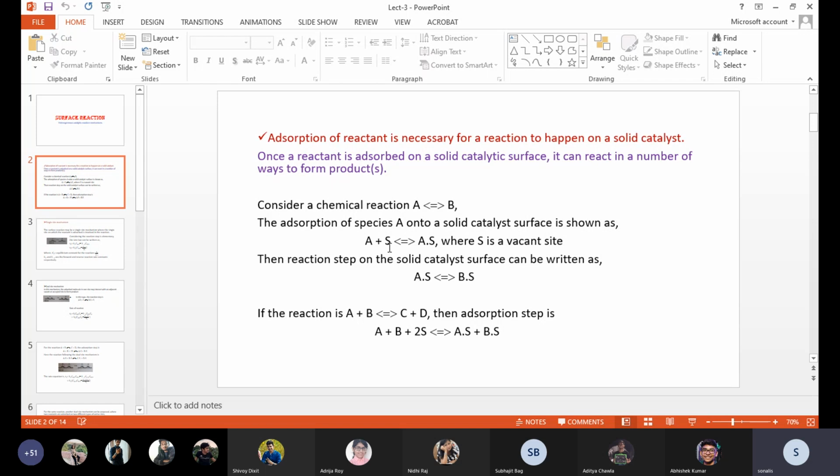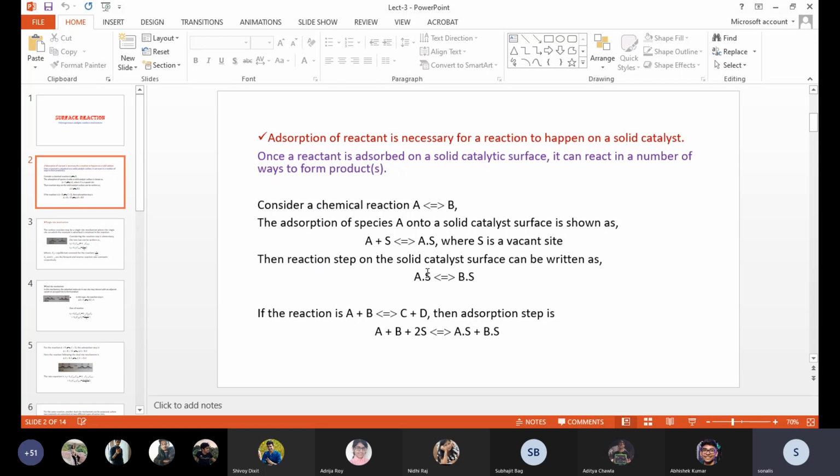S was a vacant active site on which A is adsorbed to give us A·S. A·S is the adsorption complex, the complex molecule which is formed, in a highly strained and high energetic state. This will make the product relieve the energy.